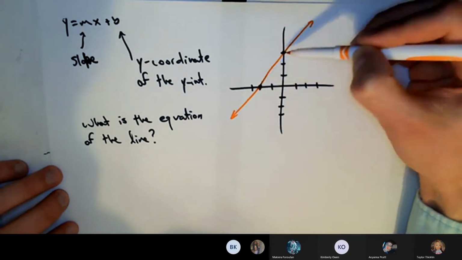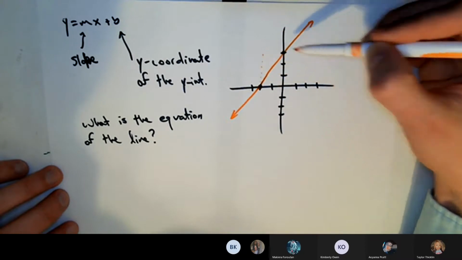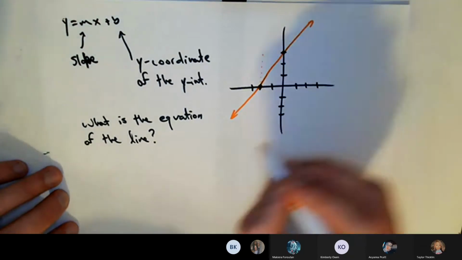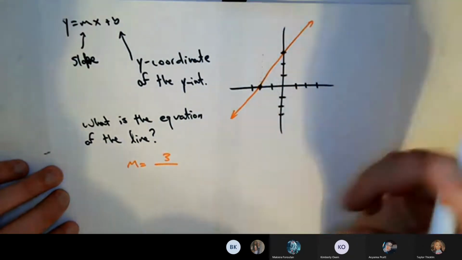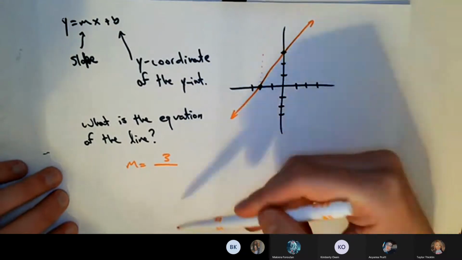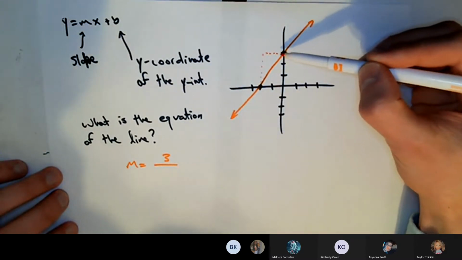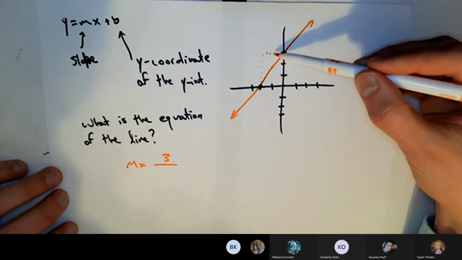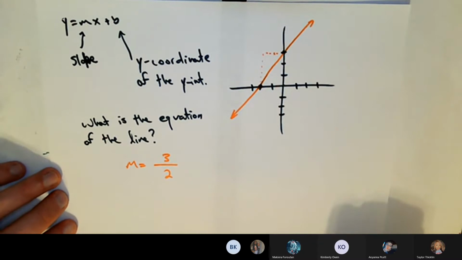From here going up, it's going up 3. So m should have a numerator of 3, the rise. You may have heard slope described as rise over run. The rise is 3, and it goes horizontal 2 positions. So the slope here is 3 over 2.